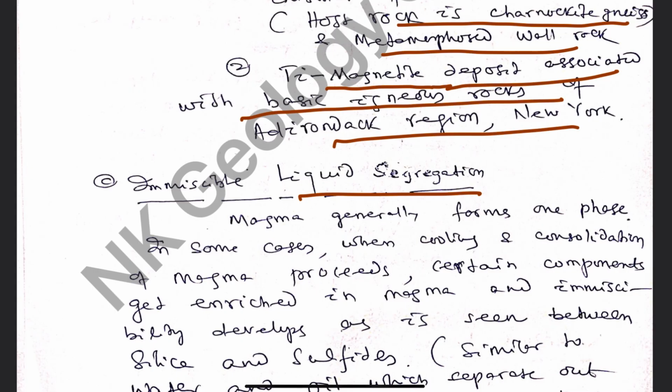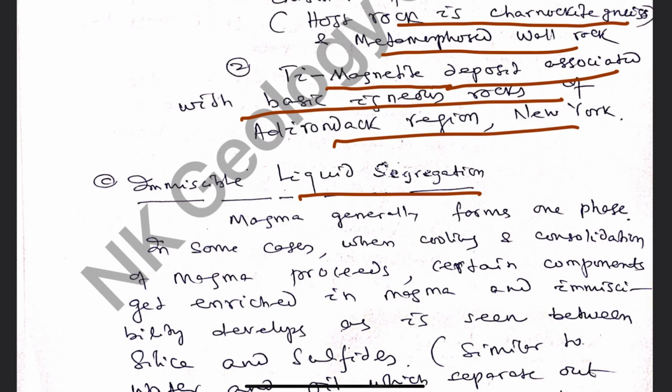In some cases, the magma becomes rich with sulfide, as a result of which sulfide layer and silicate layer get separated out. And from these separated phases, the minerals are produced and found to be segregated.